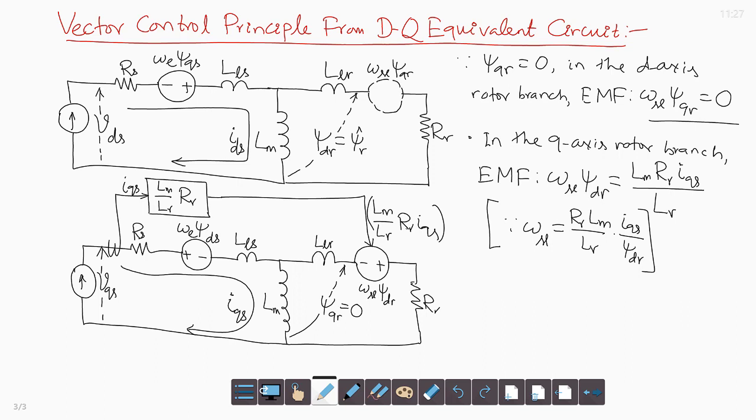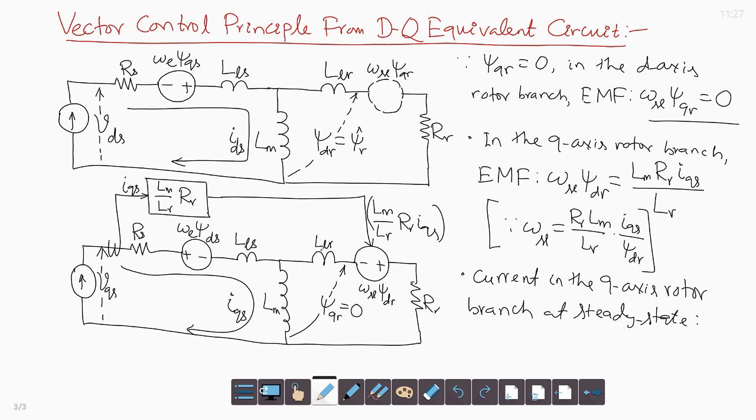So, current in the rotor branch, current in the Q axis rotor branch at steady state. At steady state means inductances have no voltage across them. LR, LL leakage inductance, mutual inductance have no voltage across them.